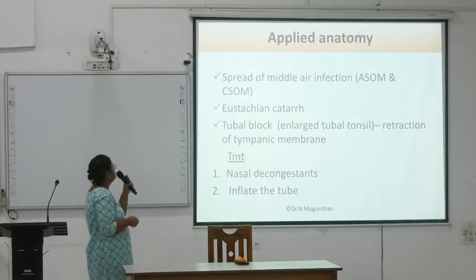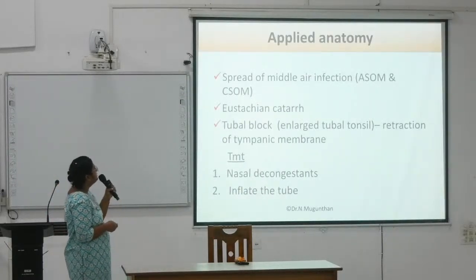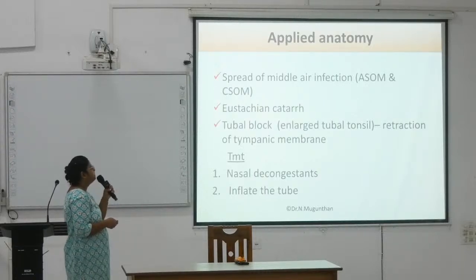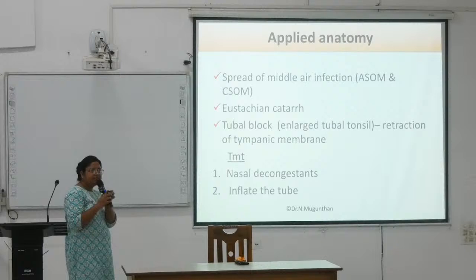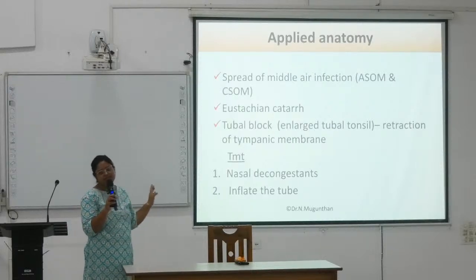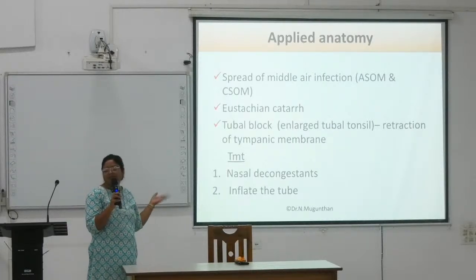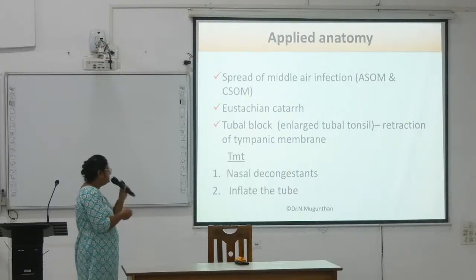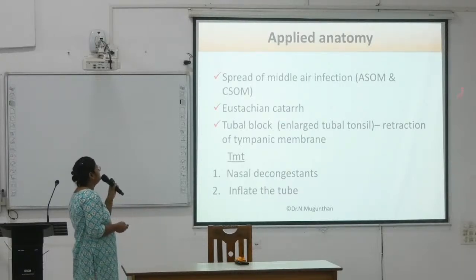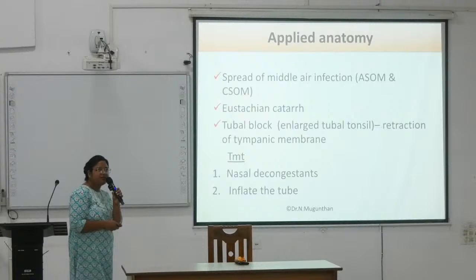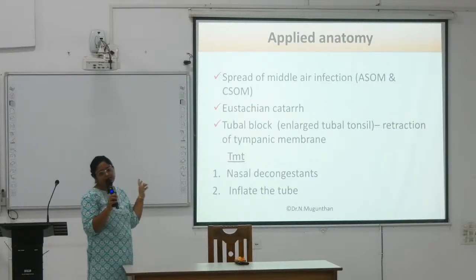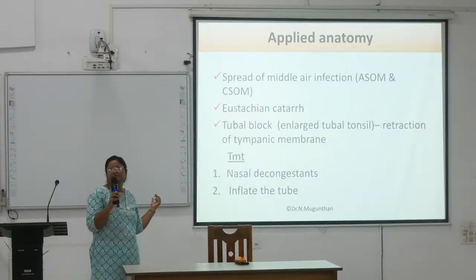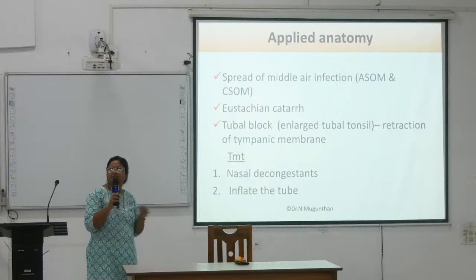Applied aspect: spread of middle ear infection is known as acute suppurative otitis media. Otitis media means infection of the middle ear. It may be an acute or chronic infection, so the names are given acute suppurative otitis media and chronic suppurative otitis media. This occurs due to extension of infection from the pharynx to the middle ear.